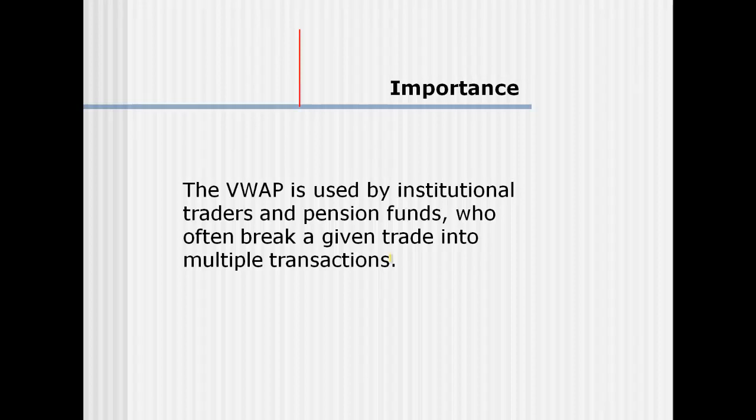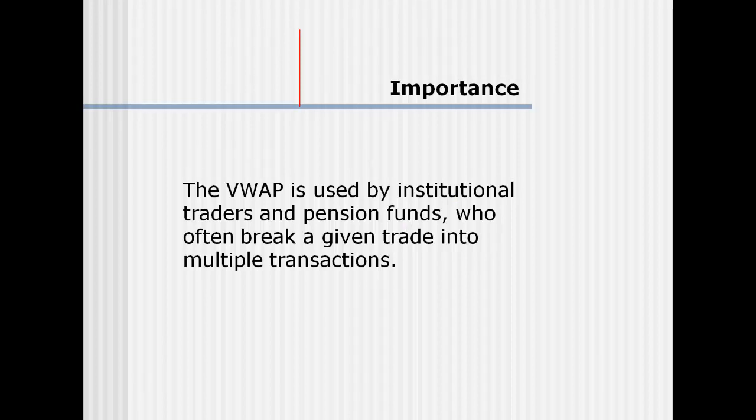They often will break up their orders, their trades, into multiple transactions. So they decide what quantities they will be buying at different levels based on the volume weighted average price. And knowing this information is very helpful.